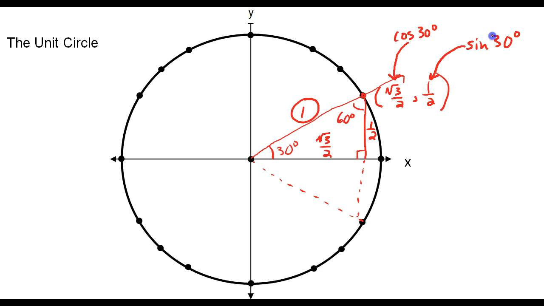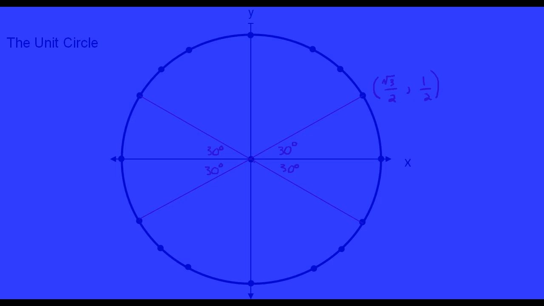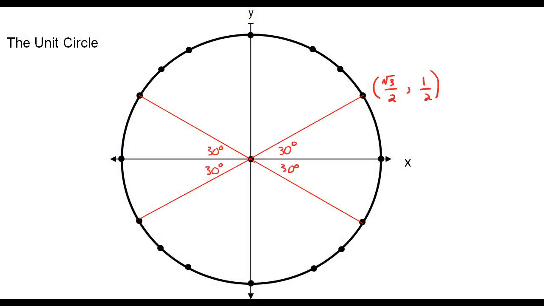All right, so let's go from there and look at the other triangles that I can get with the same reference angle. What I've drawn on the circle here are the 4 30-degree reference angles. Now, look at the points and see how they're related to these coordinates.